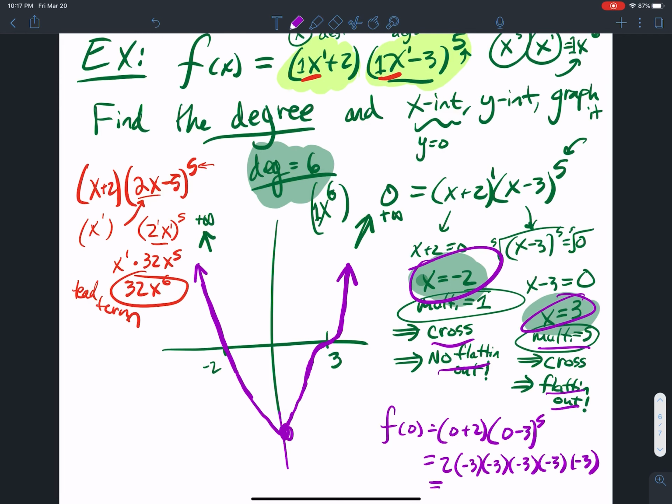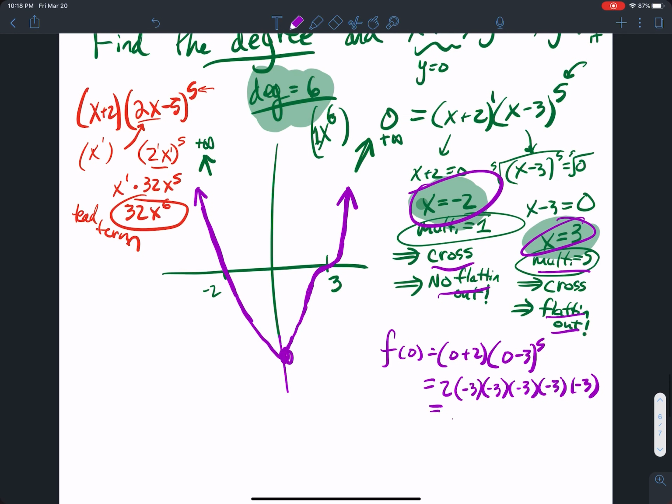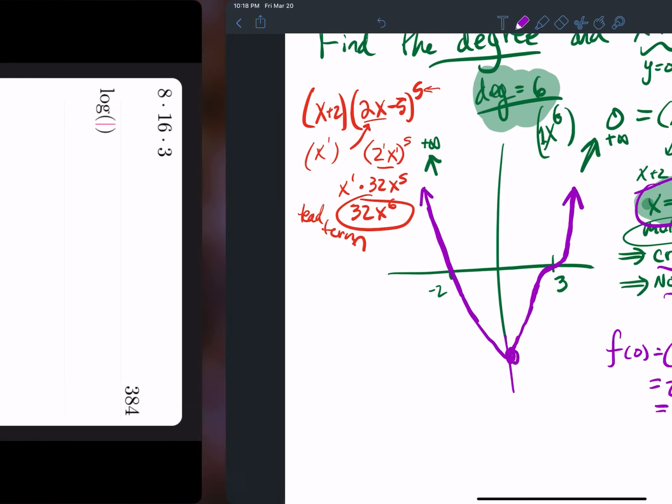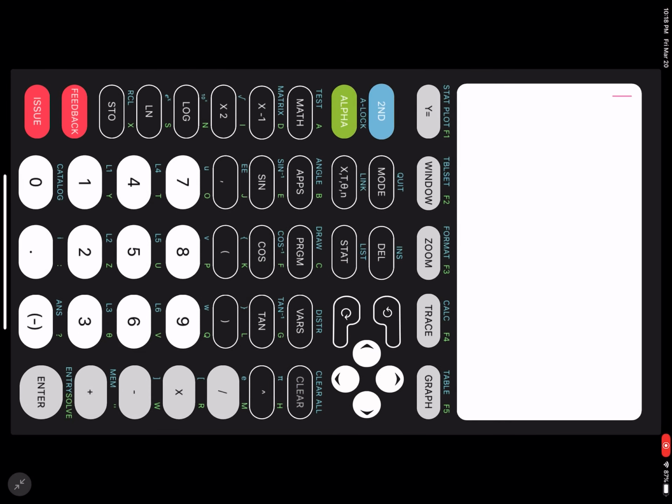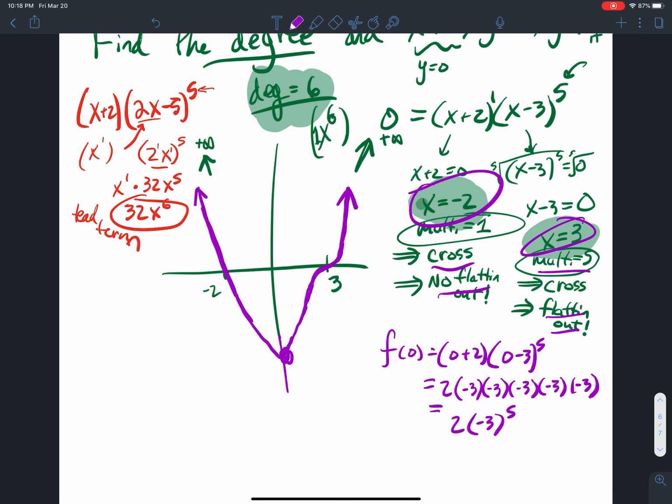So 2 times -3 to the 5th. What is that? 2 times parentheses -3 close parentheses to the 5th is -486. Okay, so I'm crossing down here at 0, -486.